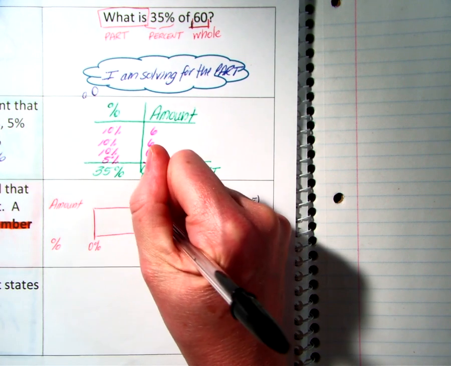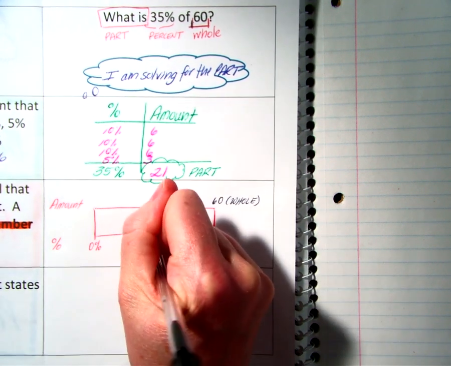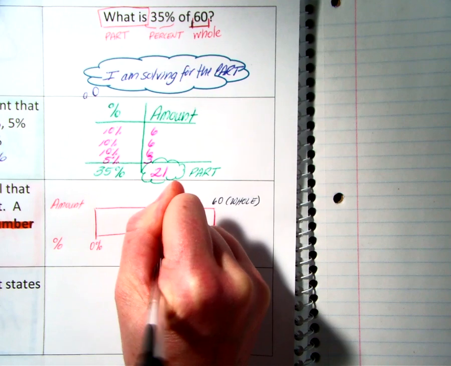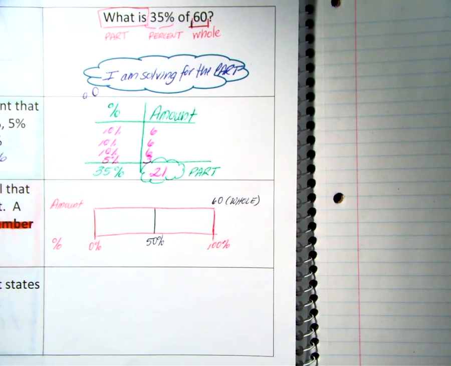I do know where 50% would fall, and that helps me as a guideline. We don't need half of the box. We actually need a little bit less than half of the box. I don't even need you to divide it perfectly because this is more of a sketch. It's not scaled to exactness.